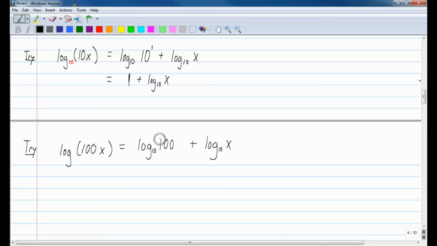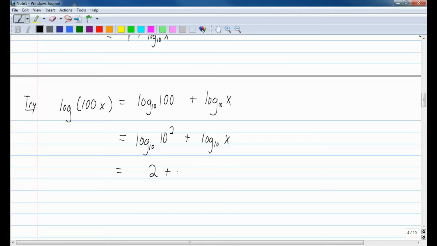Now, is there any way to change 100 into 10 to some power? Of course there is. 100 is 10 to what power? The second power. Right? So log base 10 of 10 to the second power is 2.